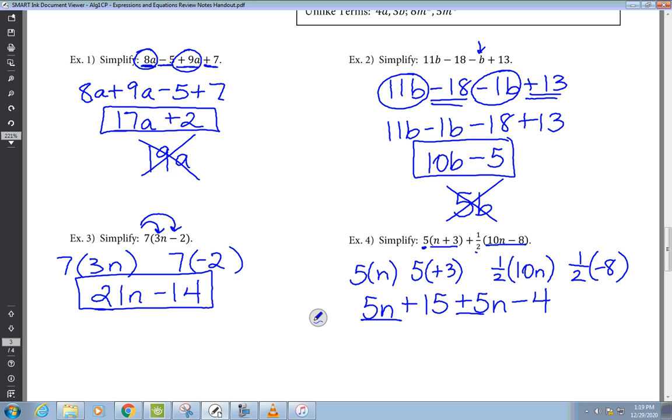So 5n plus 5n is 10n. 15 minus 4 gives you positive 11. You have 10n plus 11. Again, simplifying is one of the primary concepts from the first semester, and we're going to continue to use it throughout the second semester.